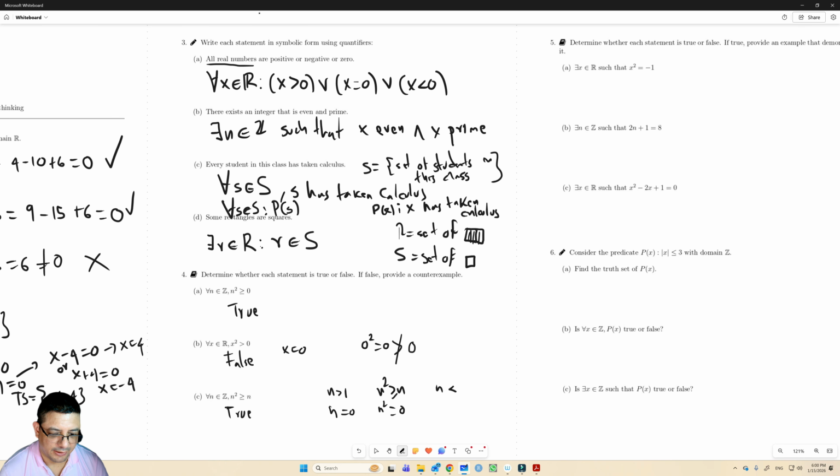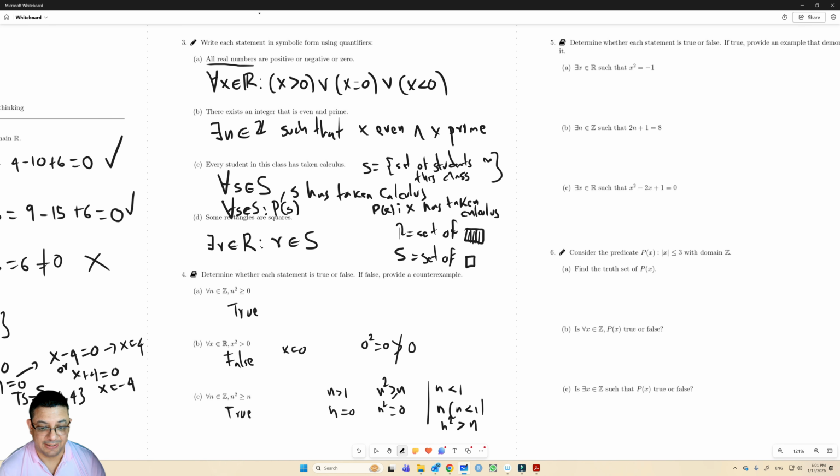And if n is less than 1 or negative, then you're going to have that multiplying by n this inequality, because n is negative, is going to flip the inequality of order, and I'm going to get n squared bigger than n.